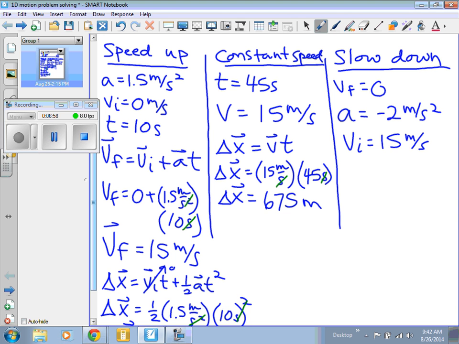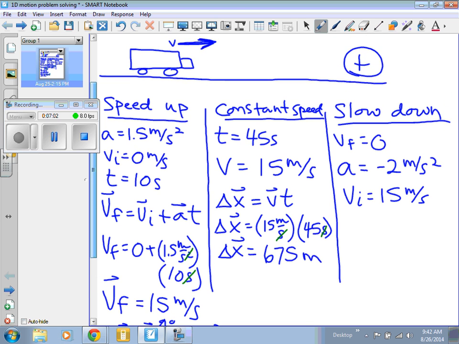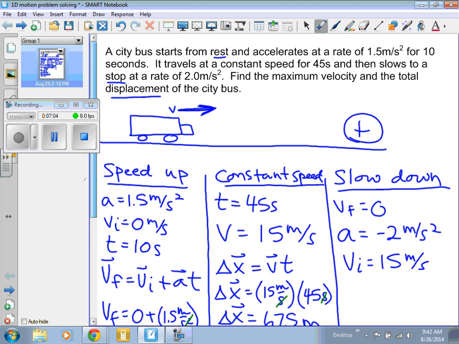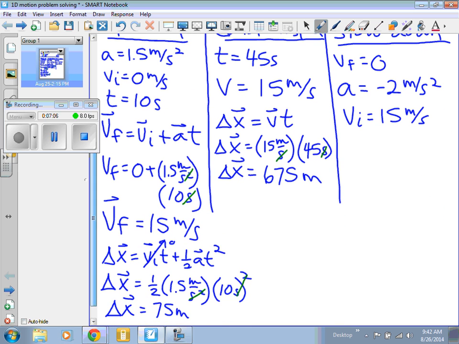So we need to find our total displacement, and we also need to find the total time. Maximum velocity and total displacement, so we don't need total time. So for this one, I'm going to use the equation v final squared equals v initial squared plus 2a delta x.